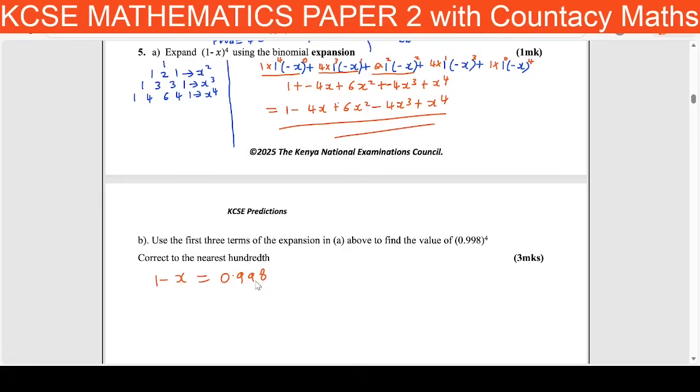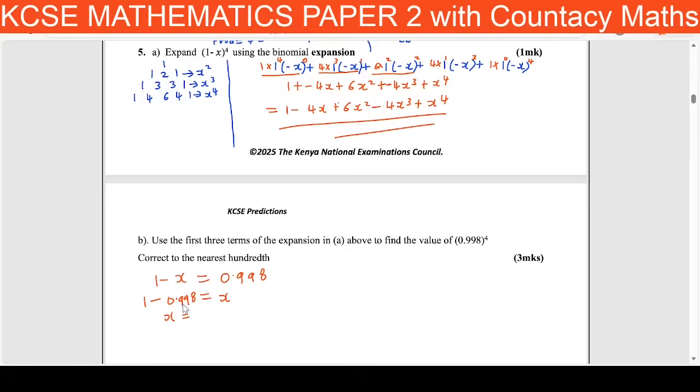But how can you find the value of x? You can pick x to the other side to have x is equal to, and then you pick 0.998 to the other side to have 1 minus 0.998, such that we'll have x as equivalent to 1 minus 0.998.